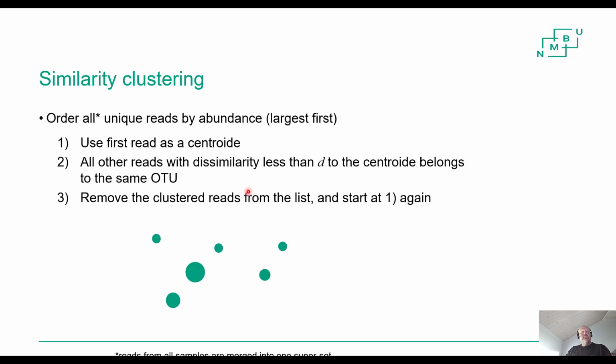So let me give you a visual example here. Each green blob here is a read, and the size of the blob is actually the abundance. So this is the most common read here, the second most and third most, and so on. The smaller the dots, the fewer we see of these reads after dereplication, right? So this one has many copies, not so many here, and this is the smallest one.